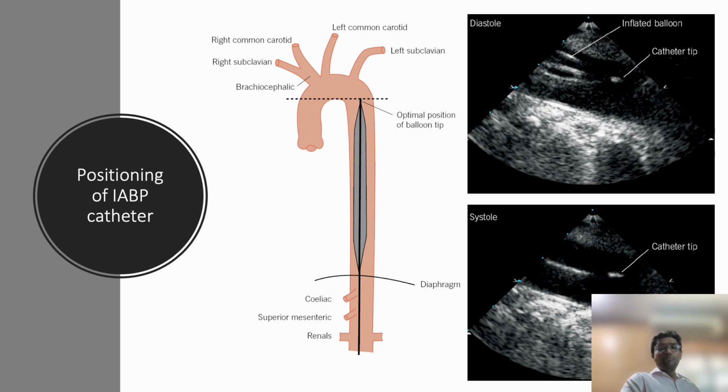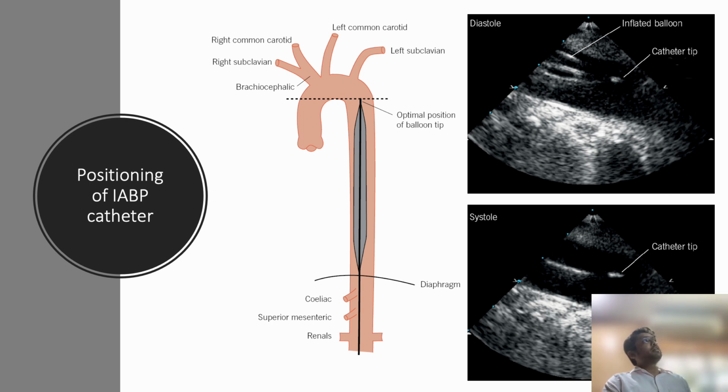Now the most important part: this question came two times in the last exam. This is the positioning of the IABP catheter, the optimal positioning. The optimal position should be 2 cm below the left subclavian origin, or if you cannot see the left subclavian, at least at the lower edge of your aortic arch.